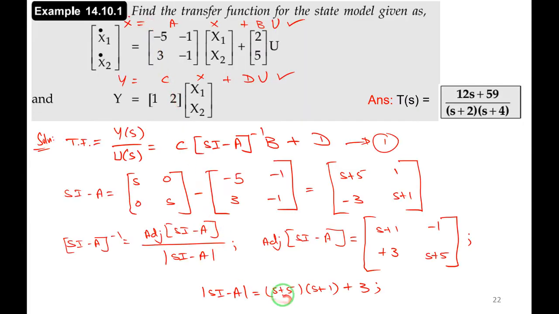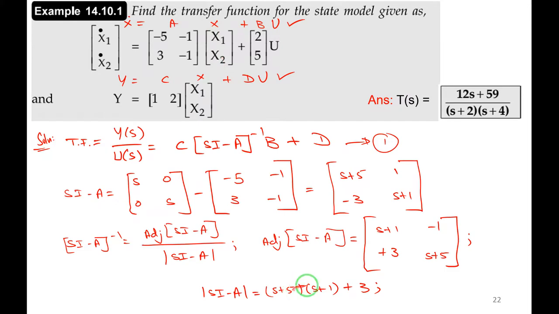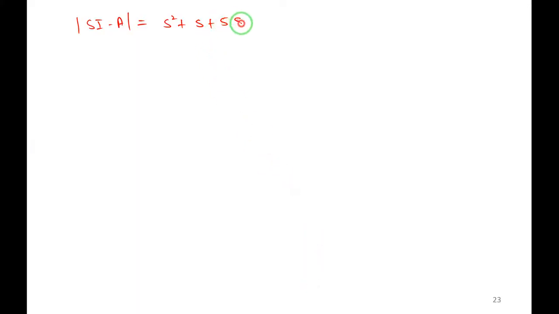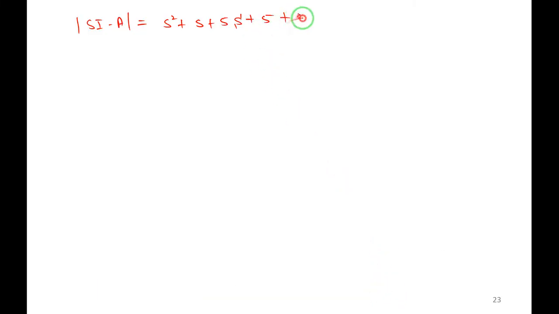S into S is S square, plus S into 1 is S, plus 5 into S is 5S, then 5 into 1 is 5, then the remaining is 3. So what will I be getting? S square, then 5S plus S is 6S, then 5 plus 3 is 8. Is it correct?